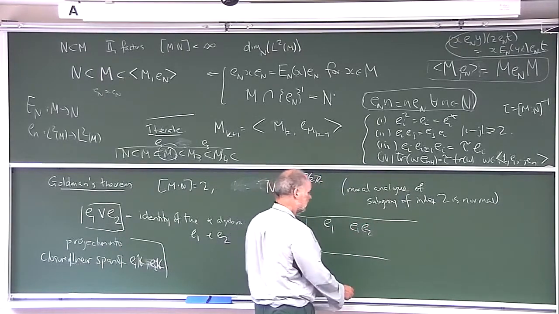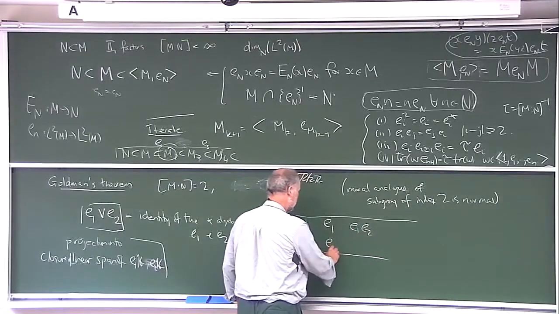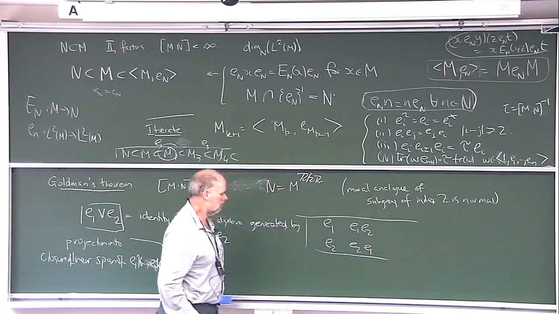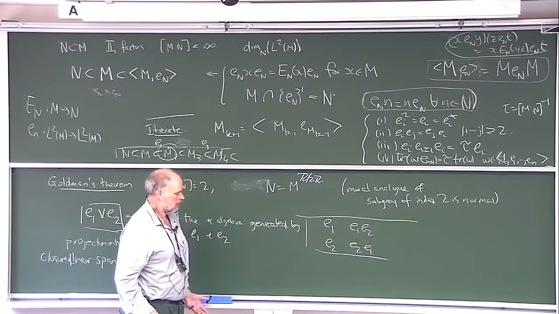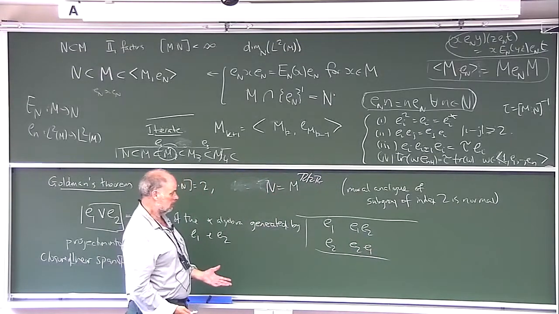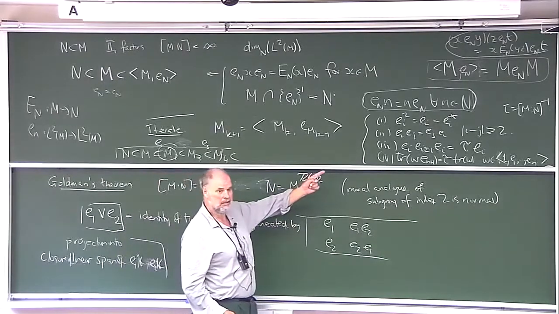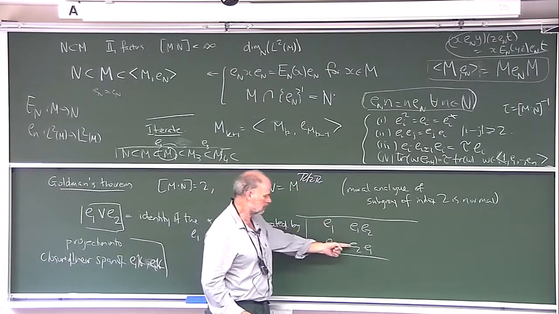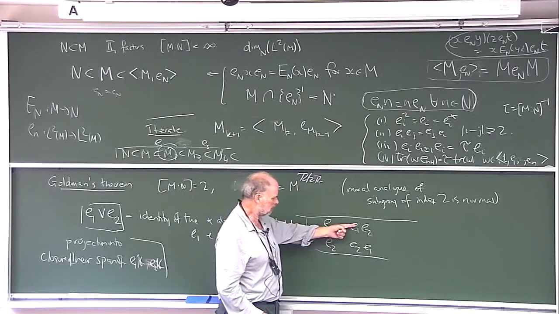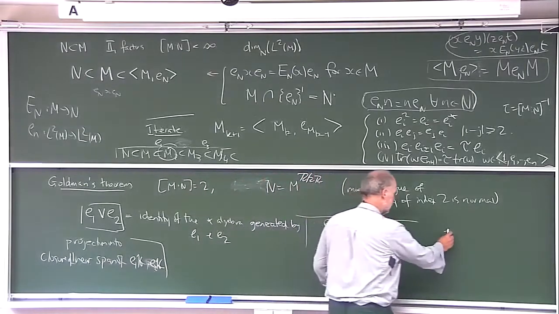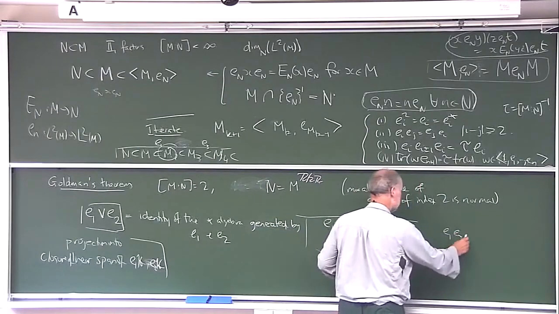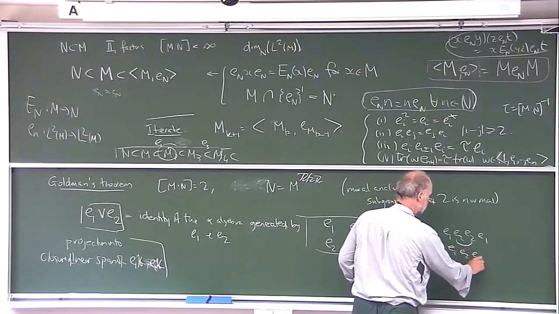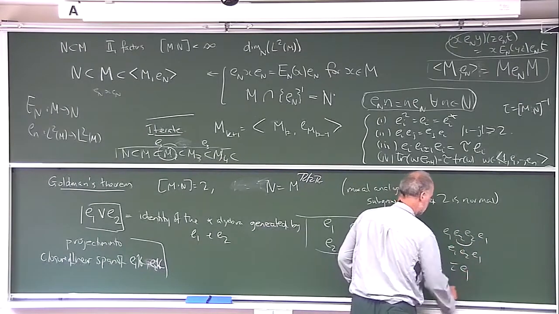Now, we're also supposed to take stars, so we could have E2, E1. We generate those. And if you look at that, you'll see that these relations force this set to be closed under multiplication. If you multiply this one by this one, you get back one of these. Let's do an example: E1, E2 times E2, E1. This is a projection, so it's E1, E2, E1, and that's tau times E1.